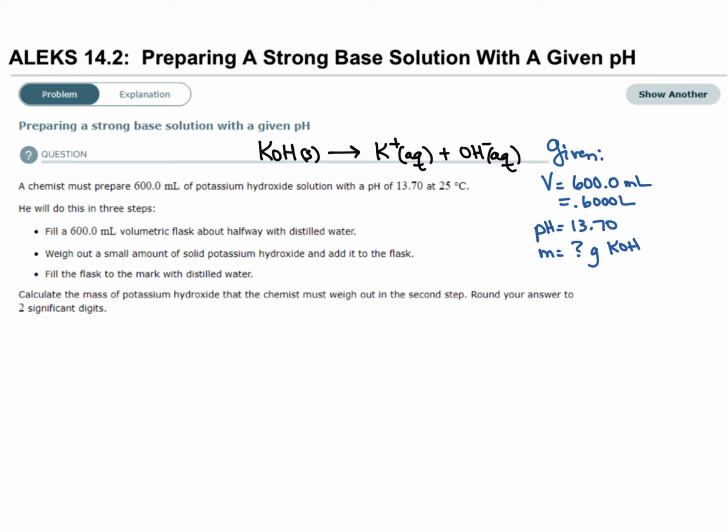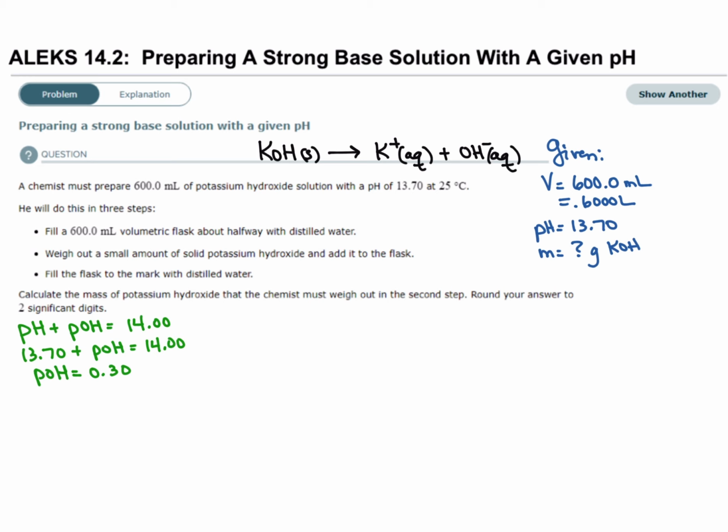So the first thing I want to do is solve for pOH. So I want to relate my pH to my pOH since this is a basic solution. So pH plus pOH equals 14.00. Plug in my pH, and I get pOH equals 0.30.